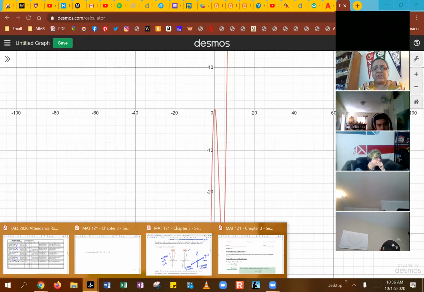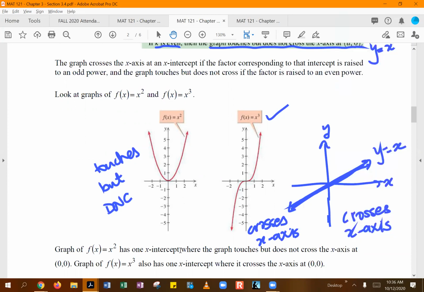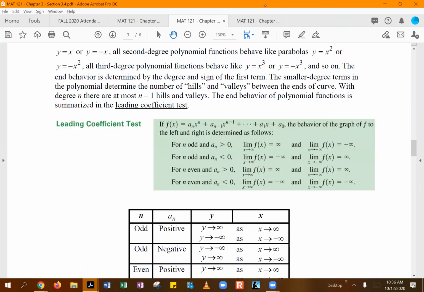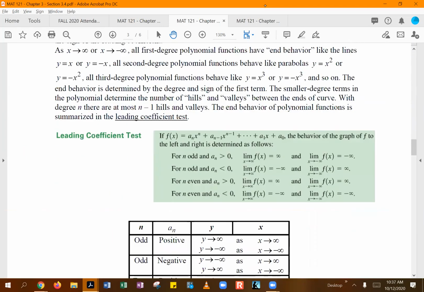Now, the next thing we want to talk about is the behavior of your arms based on the leading coefficient test. When we talk about the leading coefficient test, we want to know: do we have a positive or a negative leading coefficient? And is the degree of our polynomial an odd or an even number?